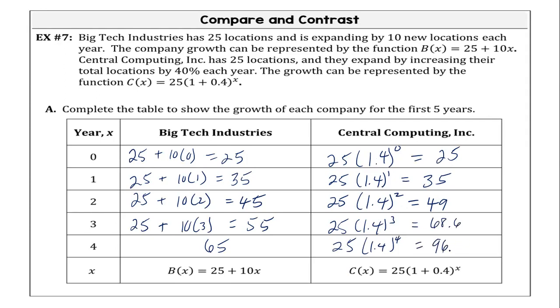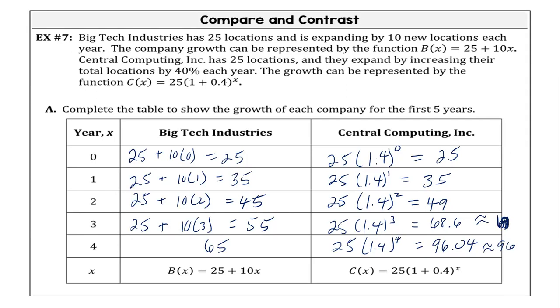I'm just going to write it so we can see the numbers. So approximately 68 stores, approximately 96 stores. You can't round up, I wouldn't either, but maybe the company would. We're going to round up for the sake of the problem.